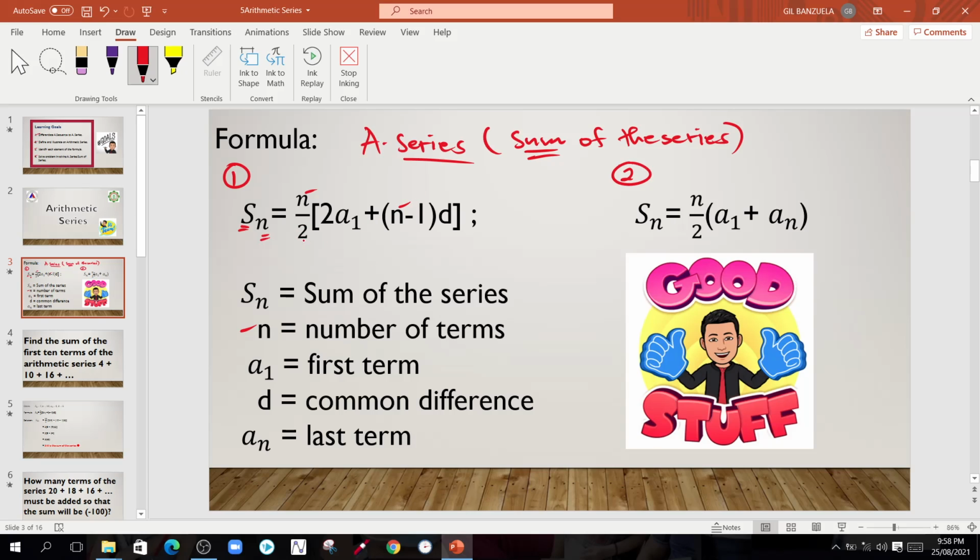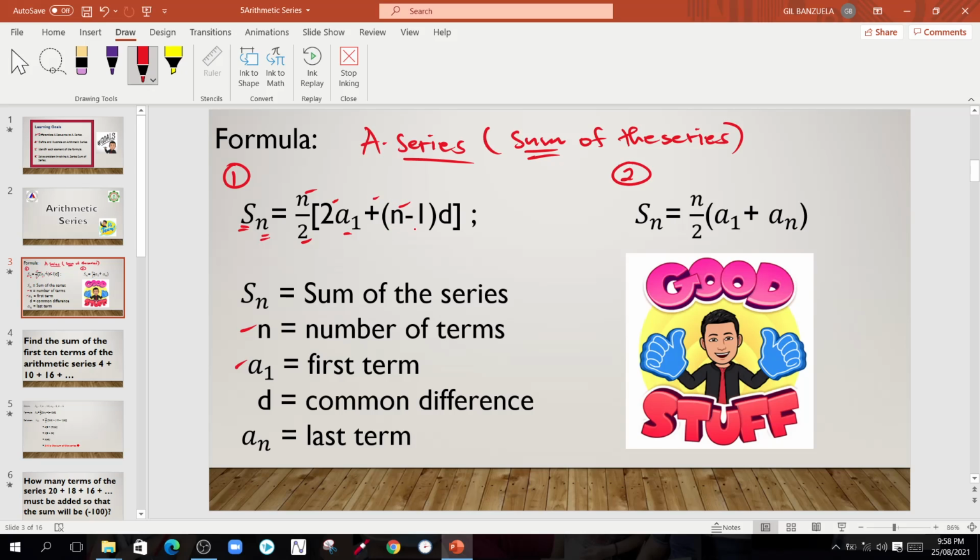Of course the numeral 2 here is a constant, so we always divide by 2. The 2 beside the first term, a sub 1, is also a constant. Then plus, that is again a constant.